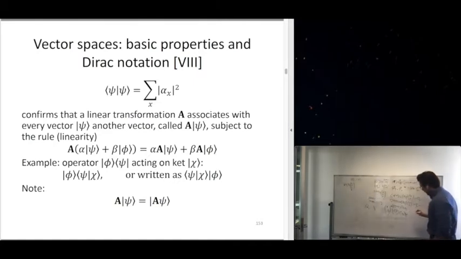Let's look at what that means. I start with the column vector here, and I get the row vector here, which is 0, 1. Oh, sorry, it's a writing mistake. It's 1, 0.